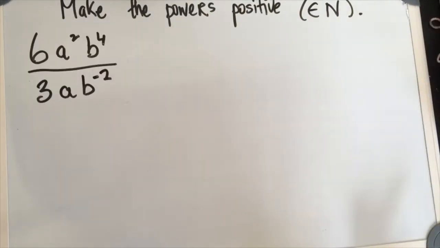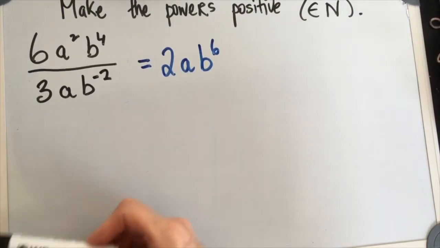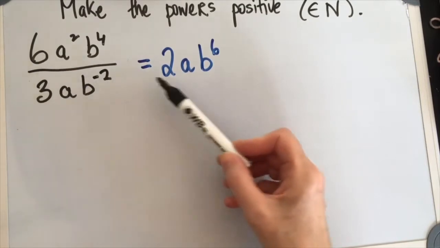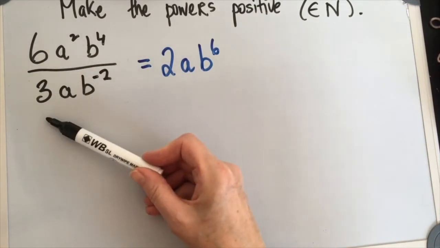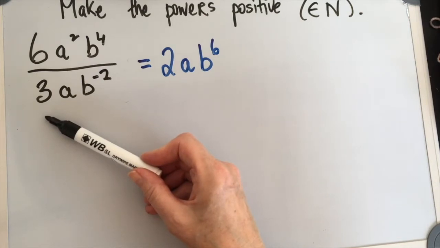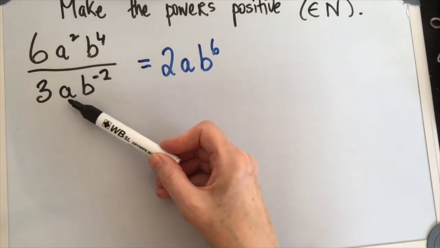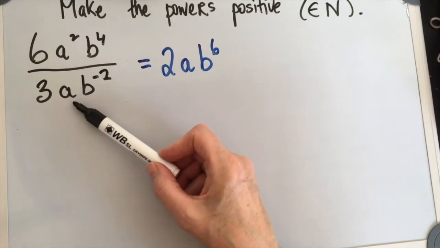Pause the video and try this division sum. I hope you got that one. Don't forget that we've got 6 divided by 3, which is 2. So we're just dividing the coefficients, these constants, and then dividing bases that are the same, subtract the indices.